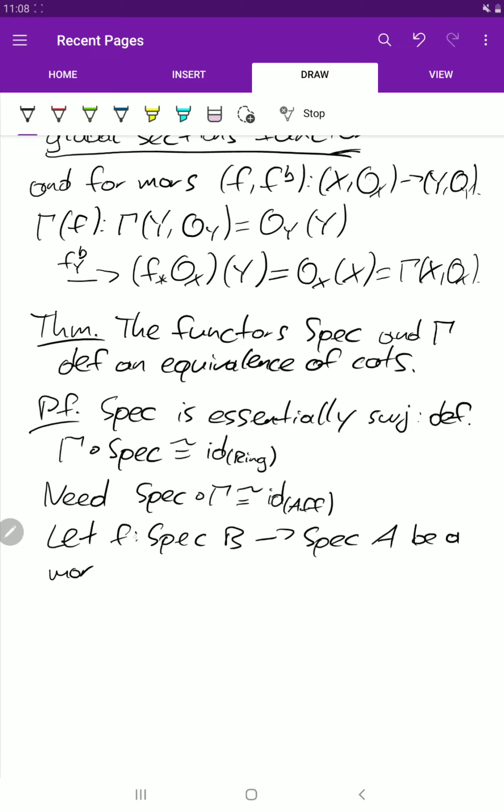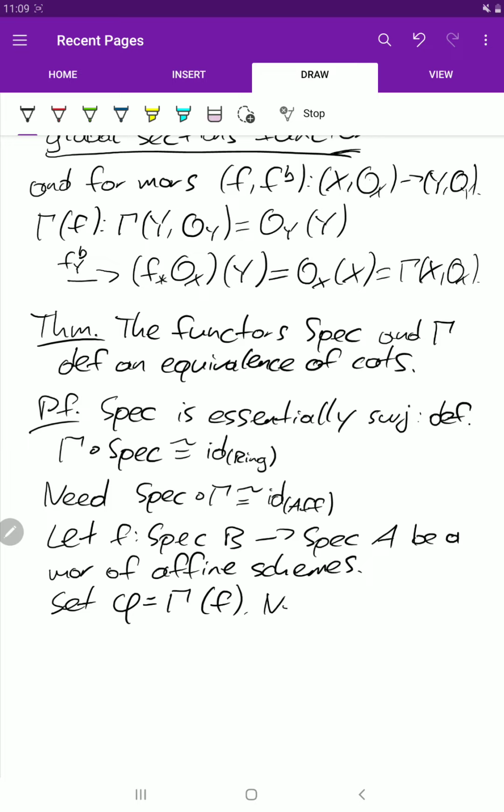As before, sometimes we write f, sometimes we write f and f_p, but we mean the same thing. And now we set phi to be gamma of f, the global section functor of f. Then we need that the spectrum of phi, which we abbreviate by a phi, has to be f.